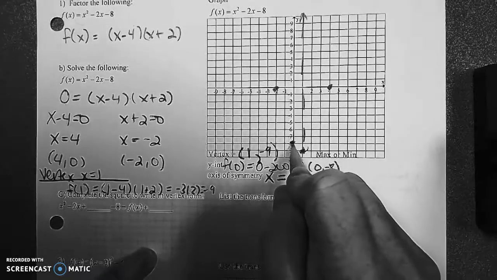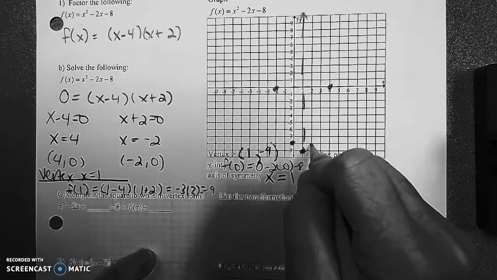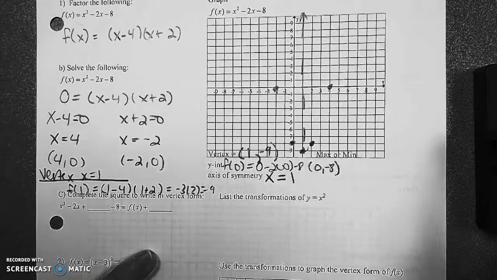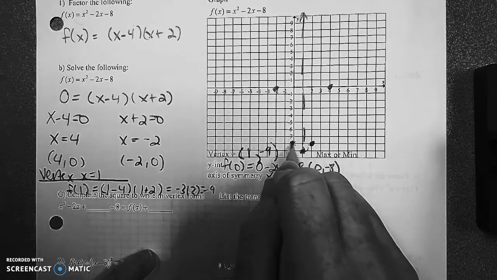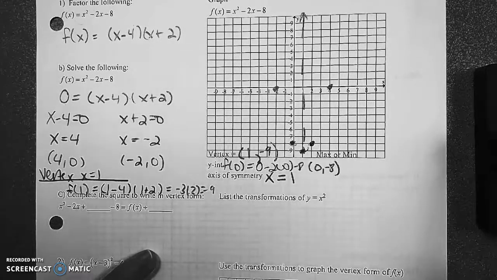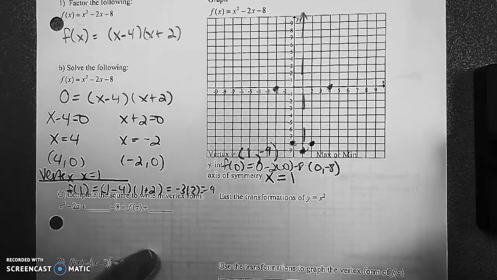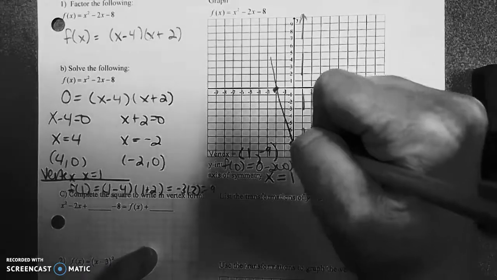Since (0, negative 8) is 1 unit away from the axis of symmetry, I will have 1 point on the other side. Those are called corresponding points, by the way. And not only are these 2 points corresponding, but my x-intercepts would be corresponding as well. So I have my y-intercept. I did write that as an ordered pair. I have enough to graph this now.